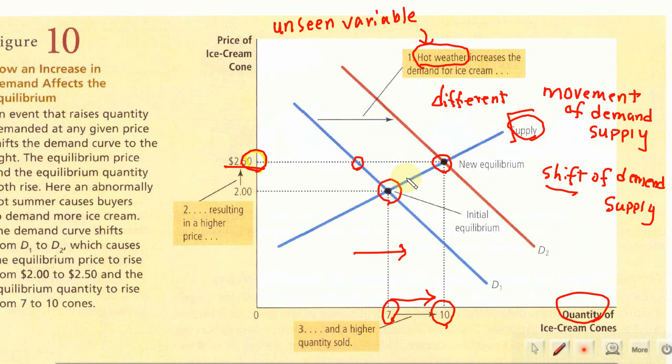In the case of demand shifting, with unexpected hot weather, even though the price is fixed, the demand line shifts up. Sometimes by other factors, the demand shifts down, right? So you should give me an explanation with an example in your reporting assignment.